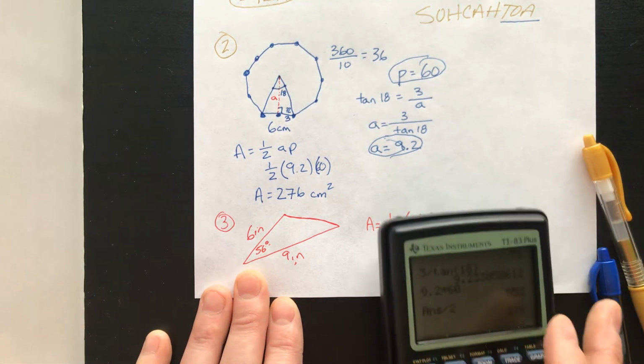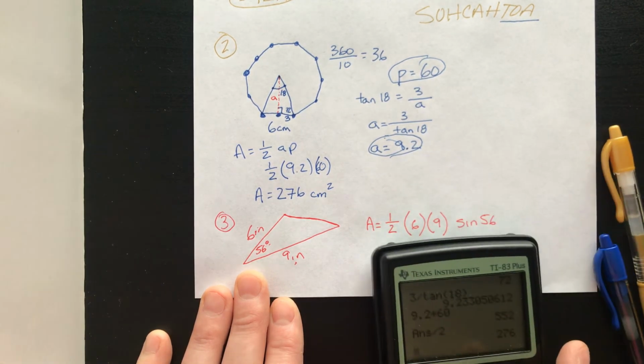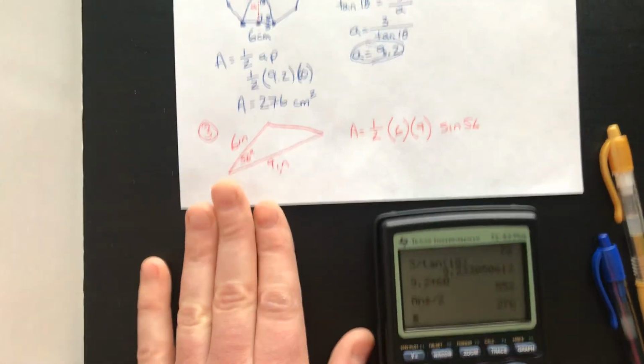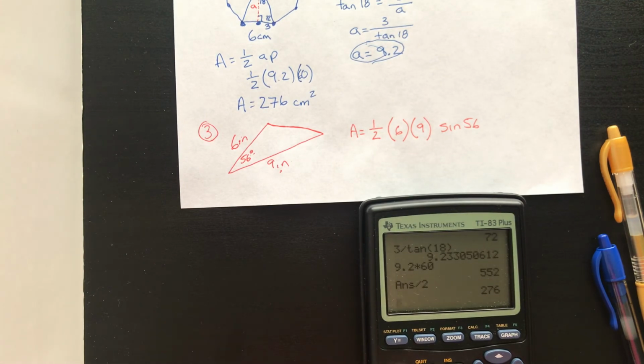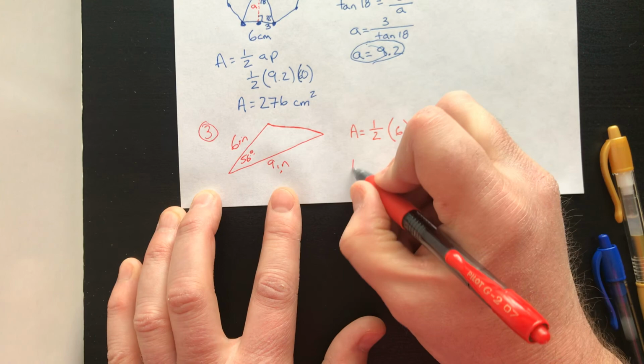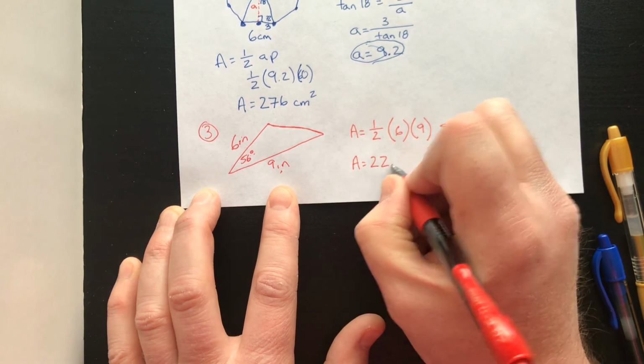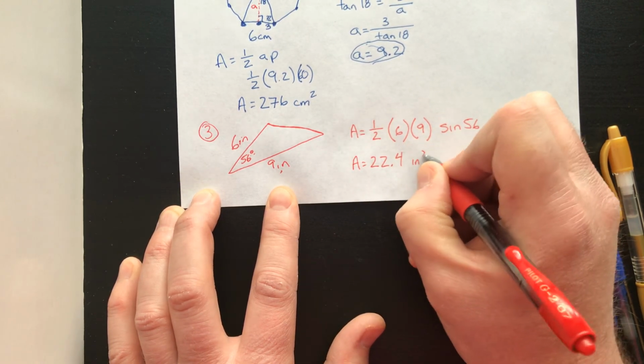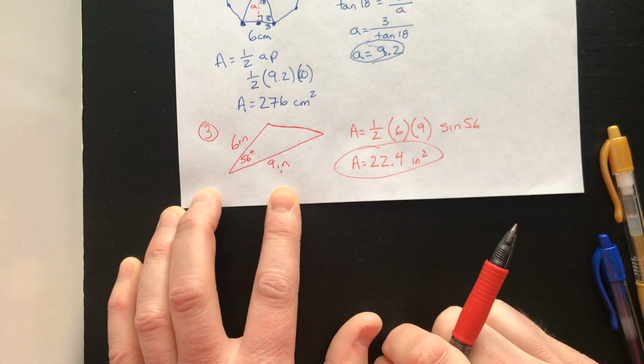So I can go to my calculator and just type this in. 6 times 9 is equal to 54, times the sine of 56 is 44.768 whatever, and then divide that by 2. So my answer is 22.4 inches squared.